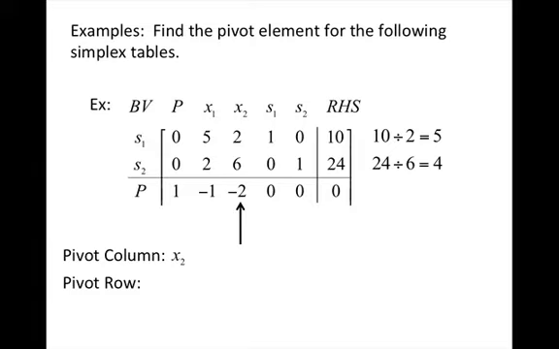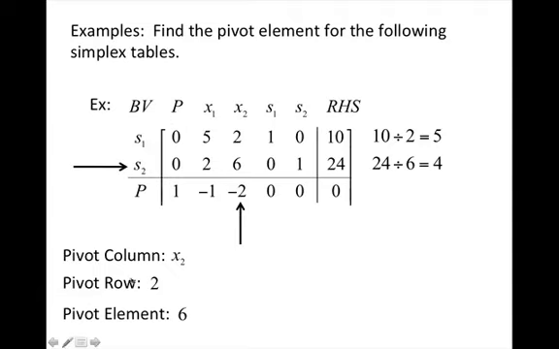I choose the smallest one as long as it's not negative. So my smallest ratio is a 4. That means row 2 becomes my pivot row. Now you find the number that's in the pivot row and the pivot column, and that's my pivot element. So this time the 6 is going to be my pivot element.